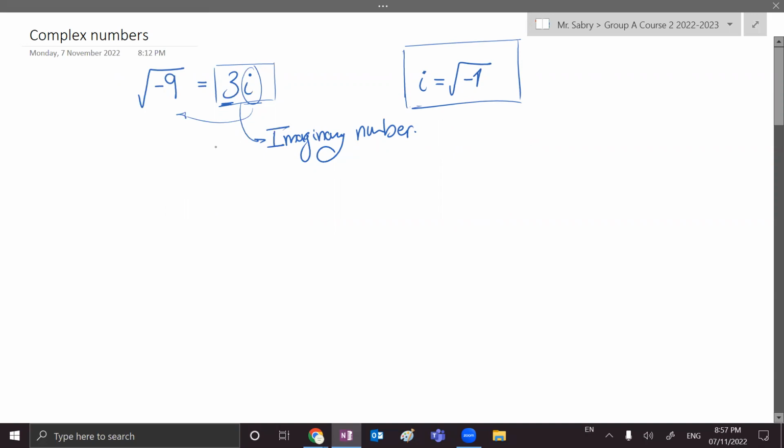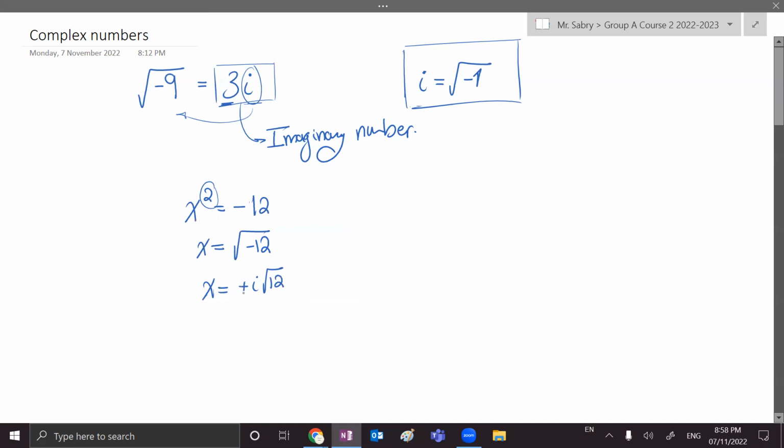So what do we do with imaginary numbers? We calculate them as usual. Imagine, for example, that I have x to the power of 2 equals negative 12. What are the x values, even the imaginary ones? In order to get the x values, I just need to remove the power of 2 by moving the square root to the other side. Now, the square root of negative 12 is supposed to be a math error, but because we deal with negative numbers under the root now, we're just going to write it down as i multiplied by root 12.